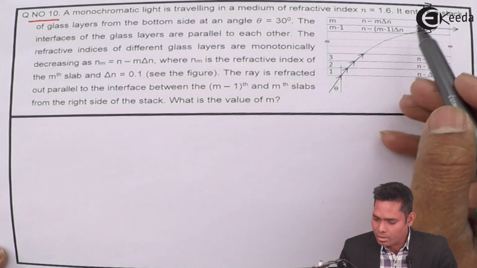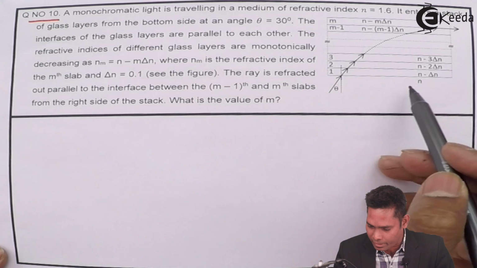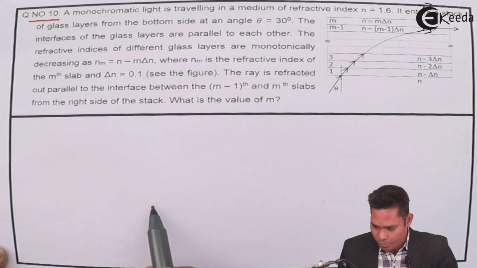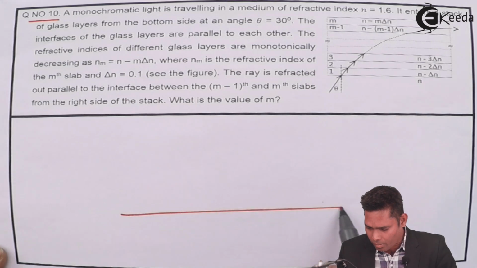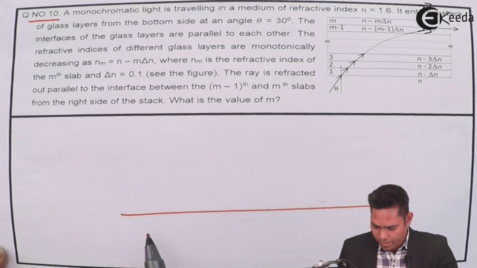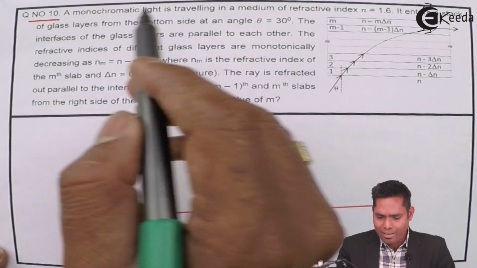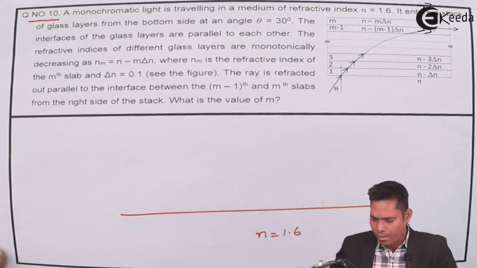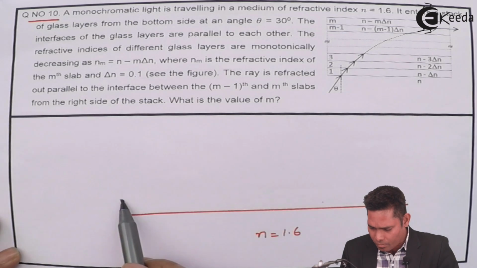So this is a medium which is having refractive index n, which is 1.6. It enters a stack of glass layers. So we have glass layers like this.